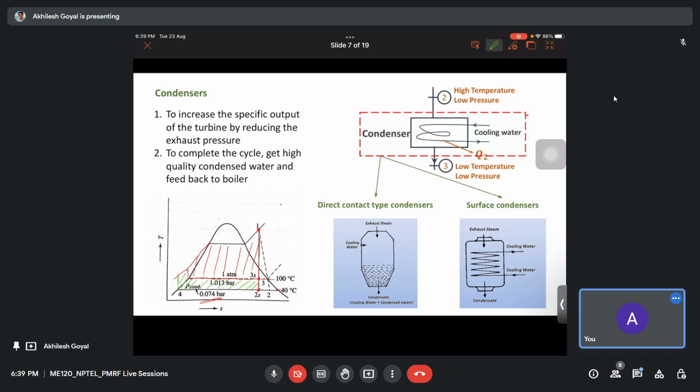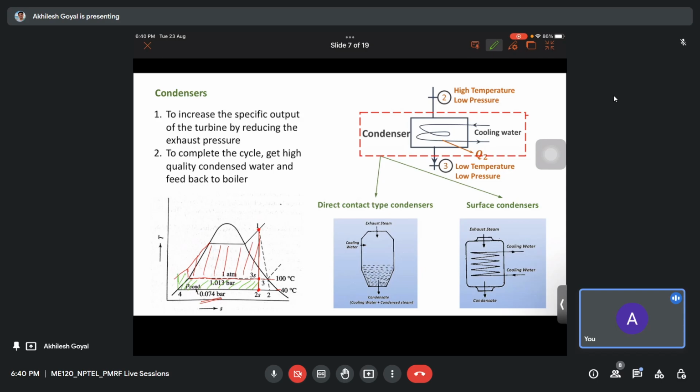This cold water mist and exhaust steam mix together, and we get a condensate, that is the cooling water plus condensed steam. This kind of condenser is called a direct contact type condenser. But in indirect or surface condensers, the mixing of exhaust steam and cooling water doesn't take place.